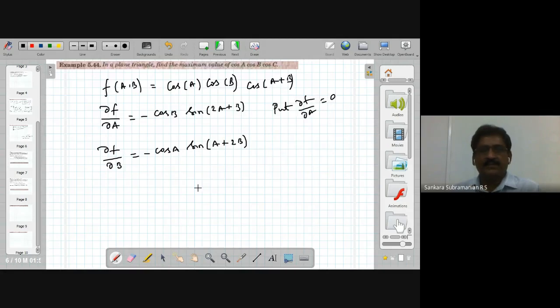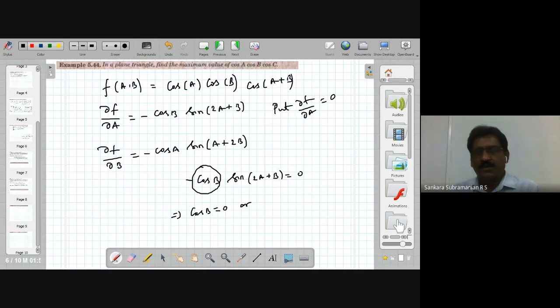We get minus cos b times sin of 2a plus b equal to 0. This implies cos b equal to 0 or sin of 2a plus b equal to 0.